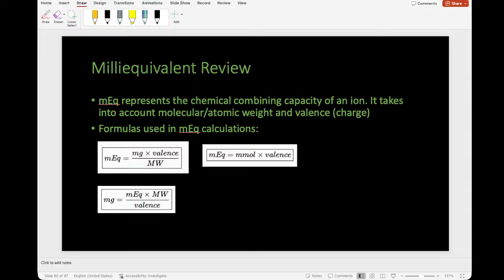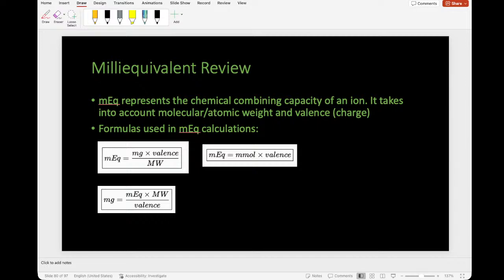Then the next one is the milliequivalent review, which represents the chemical combining capacity of an ion. It takes into account molecular atomic weight and valence charge. So whenever you see something like magnesium, which has a 2 plus ion, that means the valence is going to be 2.